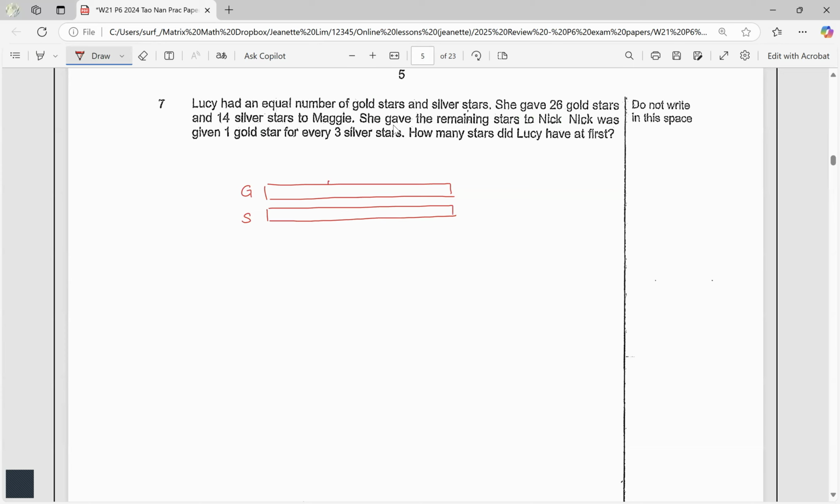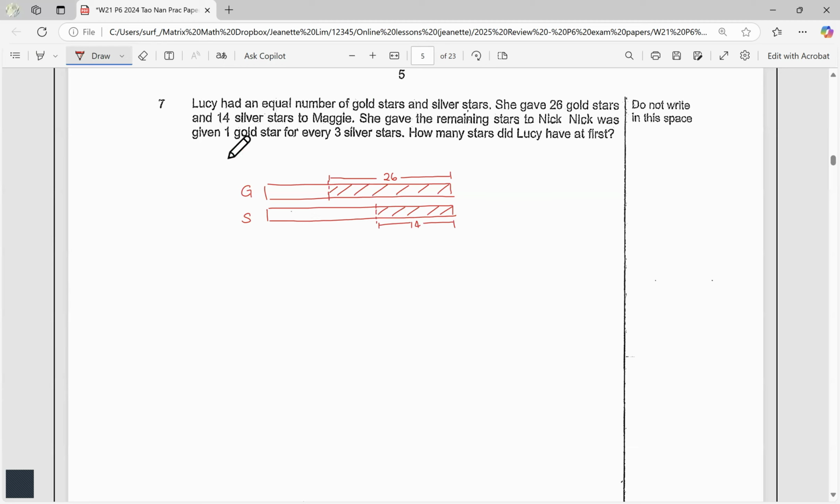So let's say this is 26 gold. This is given to Maggie. Then 14 silver. And she gave the remaining to Nick.